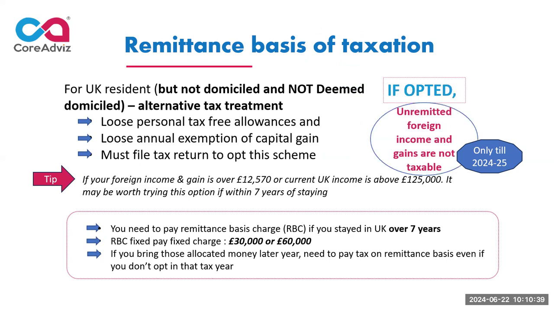Suppose you have earned £5,000 in India, and if you are not bringing that money to UK in that tax year, and if you are opting for remittance basis, you are not going to pay tax on the £5,000 in India. But there is an impact on your personal taxation in UK. You're going to lose your personal tax-free allowance, which is 12,570 currently.